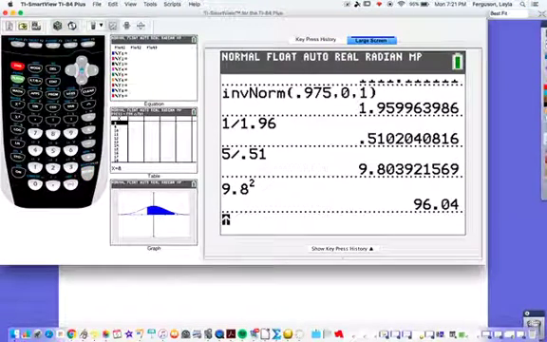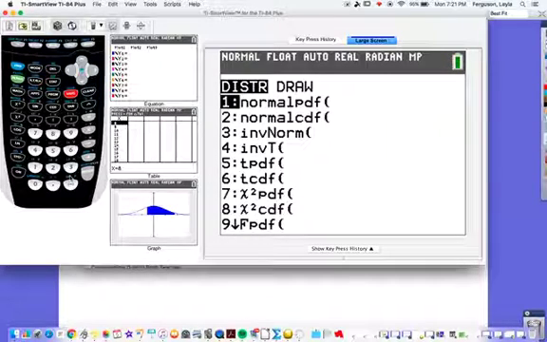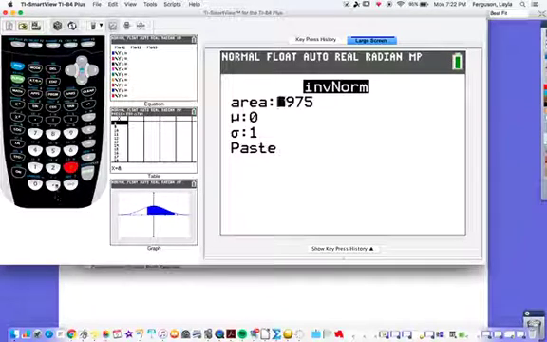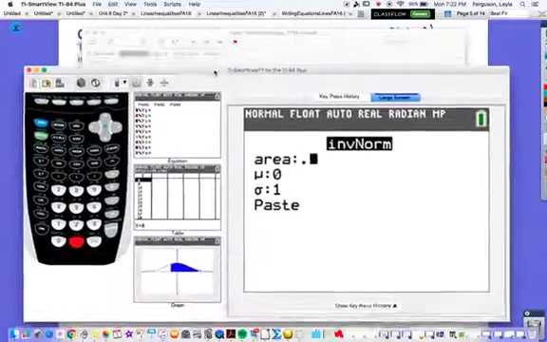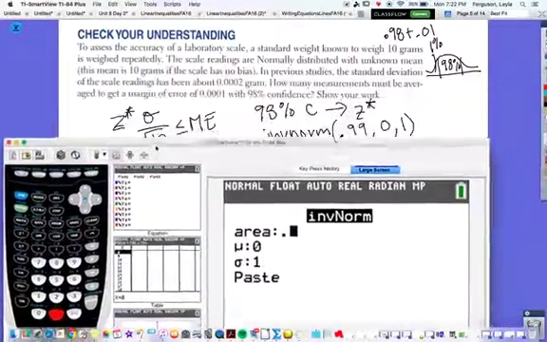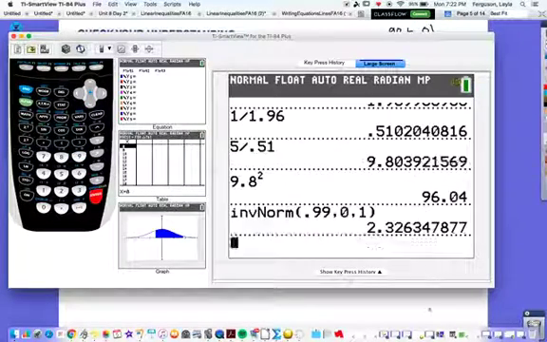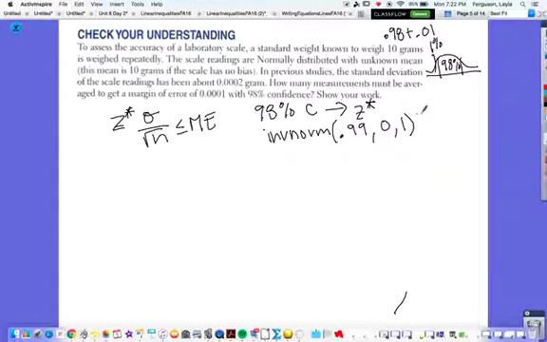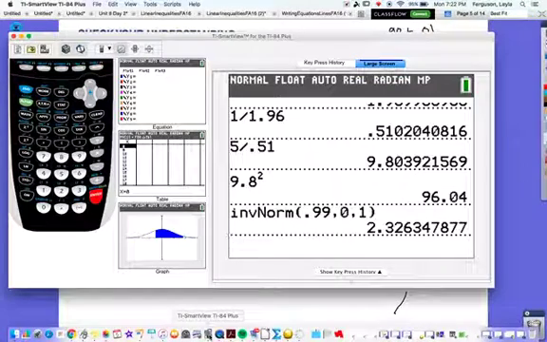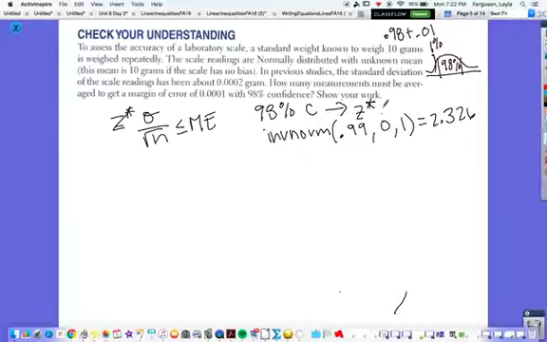So then I'm going to do second vars, 3, .99. Everything else stays. That gives me a z star of 2.326. So my z star is this 2.326.